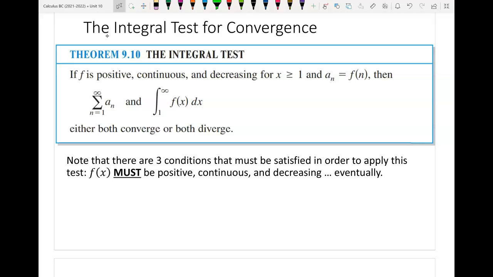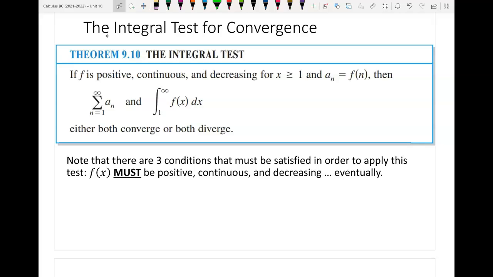All right, so I'm going to go over this test and what it means. It says, if our function f is positive, continuous, and decreasing for x values greater than or equal to 1, and a sub n is equivalent to f of n, then the infinite series of a sub n and the improper integral of f of x from 1 to infinity either both converge or both diverge.